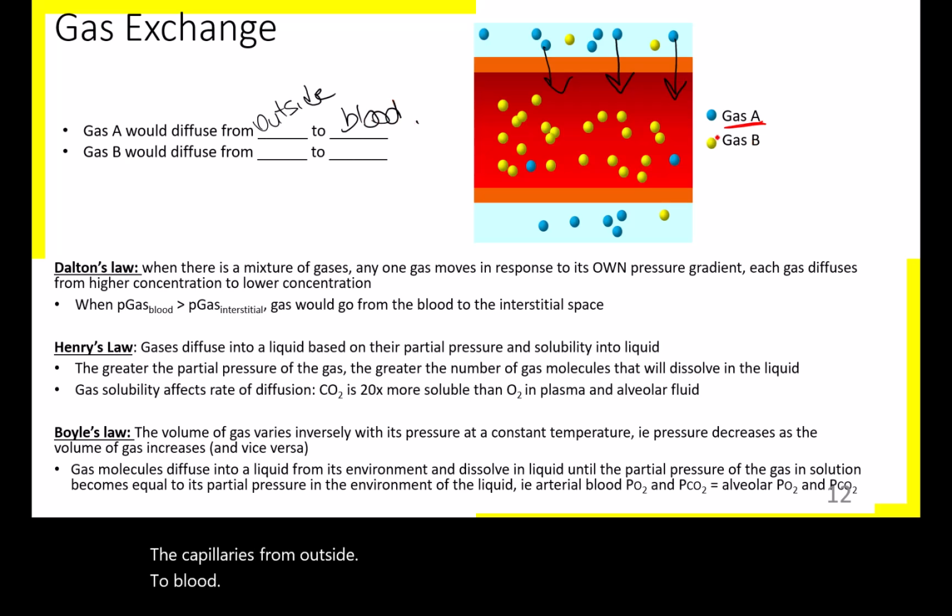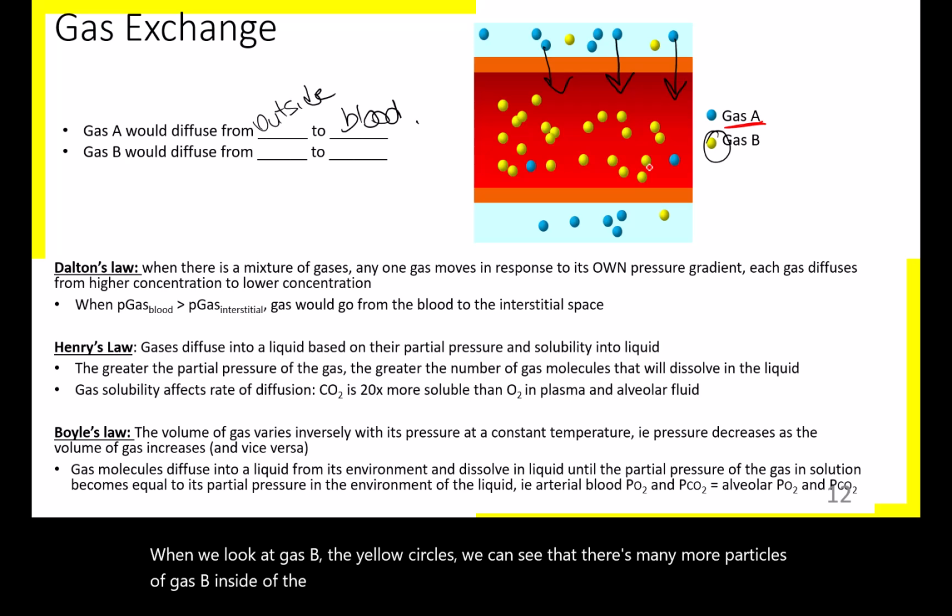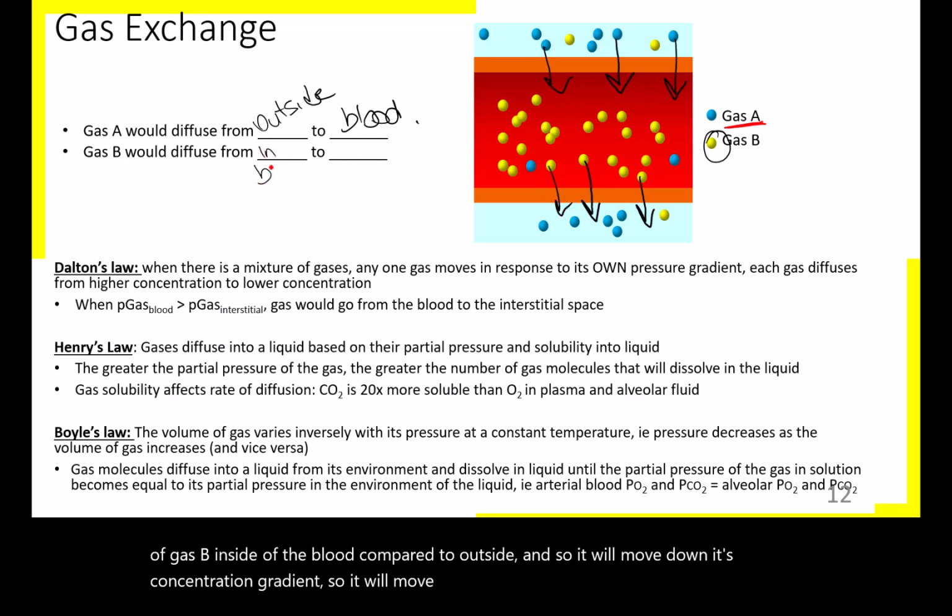When we look at gas B, the yellow circles, there are many more particles of gas B inside the blood compared to outside, and so it will move down its concentration gradient, from inside the blood vessels to the external environment.